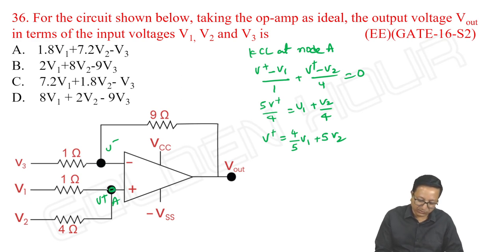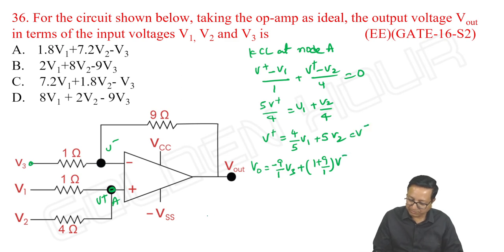Then once I know this voltage and this voltage, the output is given by V output is equal to minus 9 by 1 into V3 plus 1 plus 9 by 1 into V minus. V plus is equal to V minus.